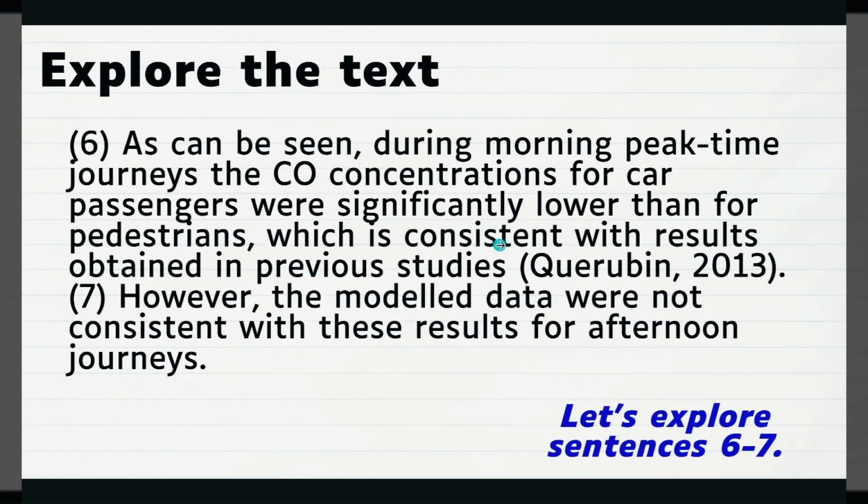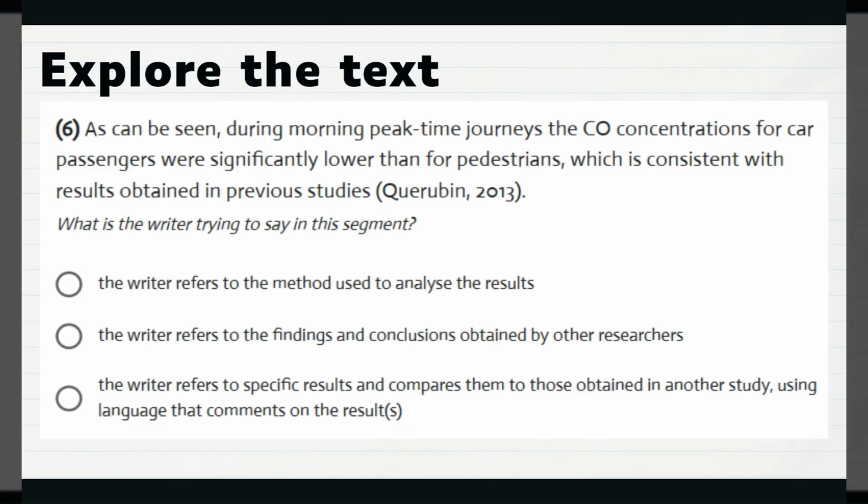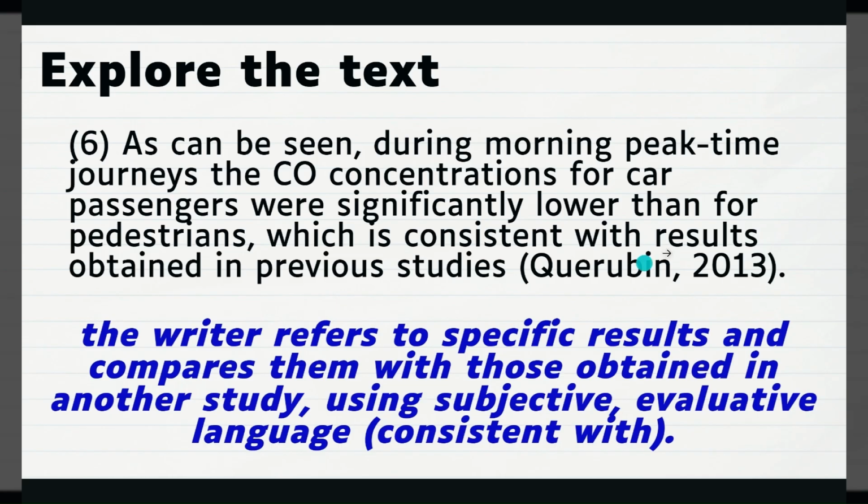Okay, now let's head on to sentences 6 to 7. What do you think is the writer trying to say in sentence number 6? You can pause this clip and try to answer. Okay, here in this sentence, the writer refers to specific results. So, how do we say that the writer is specifying a result?